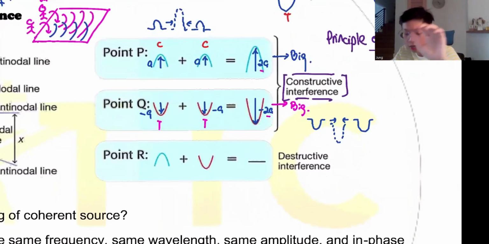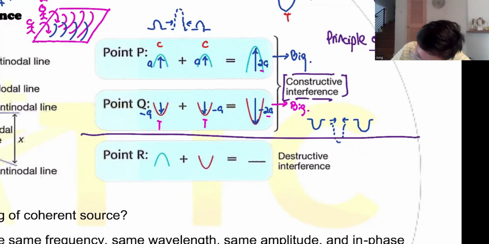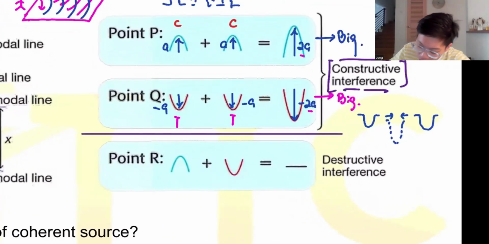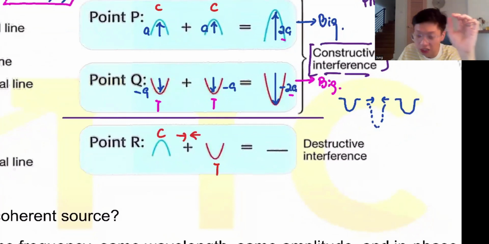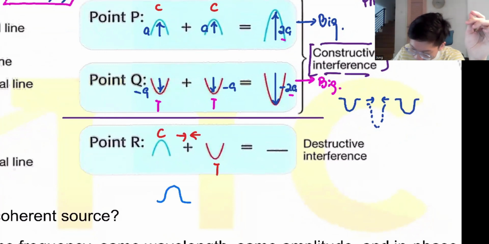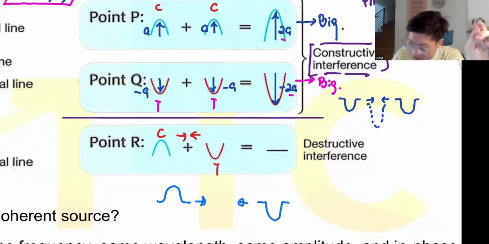Next, we'll look at point R. For point R, this is a totally different situation, because now you have a crest and a trough coming towards each other. You have a positive wave, the crest, and a negative wave, and they collide. At this point, don't say there will be no wave.